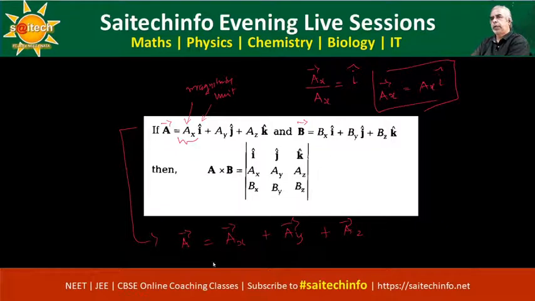So that is why I put here Ax into I vector. Once you have put I vector, you should not put a vector again for Ax, because this becomes the modulus, the magnitude. And what about this? Ay into J vector plus Az into K vector. Are you able to follow this? Okay, right.